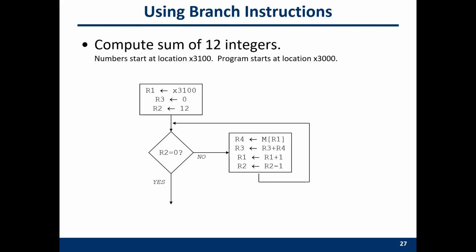R3 is used to store the temporary accumulated result. At the beginning it's 0, and then you just add a number to R3 again and again. R4 is the current number you want to add to the accumulated result. And this is a simple loop, and this is the condition for whether you need to continue the loop or not.